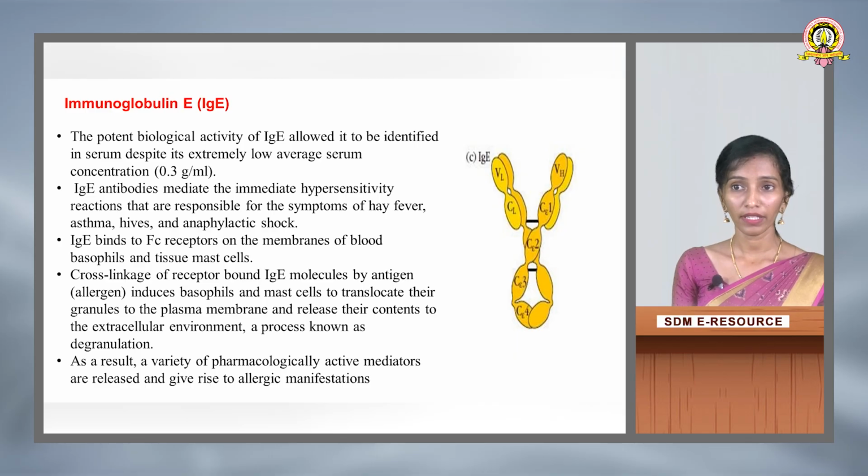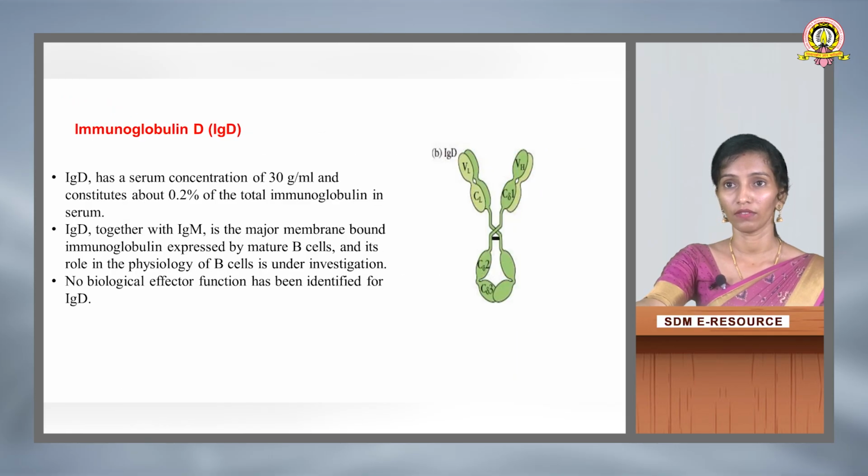IgE binds to Fc receptors on the membrane of blood basophils and tissue mast cells, where cross-linkage of receptor-bound IgE molecules by antigen induces basophils and mast cells to translocate their granules to the plasma membrane and release their contents to the extracellular environment. This process is called degranulation. As a result, a variety of pharmacologically active mediators are released and give rise to the allergic manifestations. This will lead to the allergic reactions in our body.